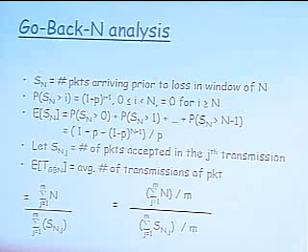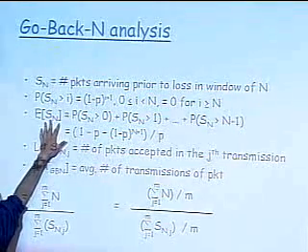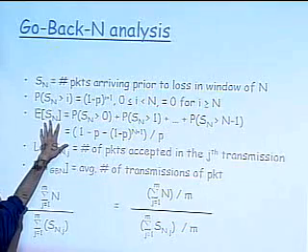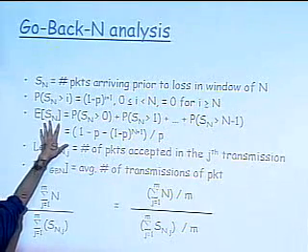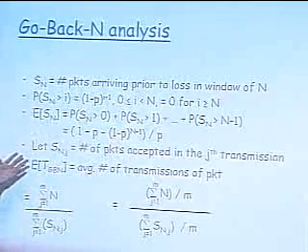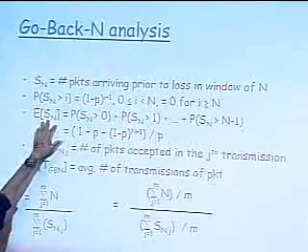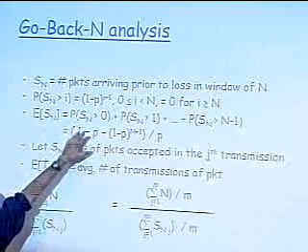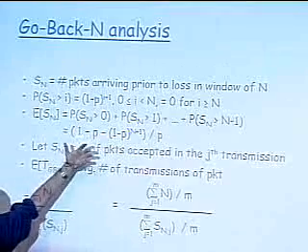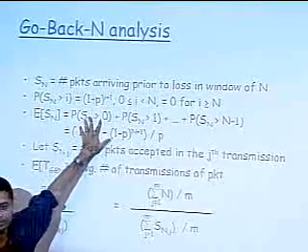So again we do the same analysis. We want to compute the expected or the average value of Sn. And the analysis that you saw in the previous slide, you do the same thing. Expected value of Sn is 1 times probability Sn equals 0 plus 2 times probability Sn equals 1, and so on and so forth, which is simplified to this equation.